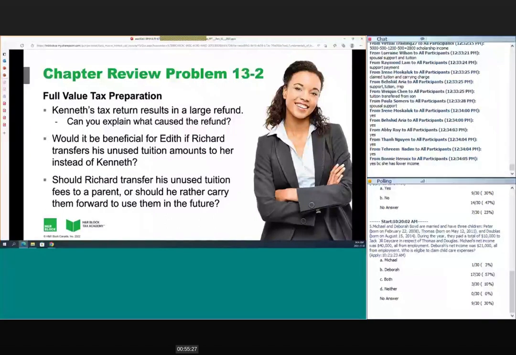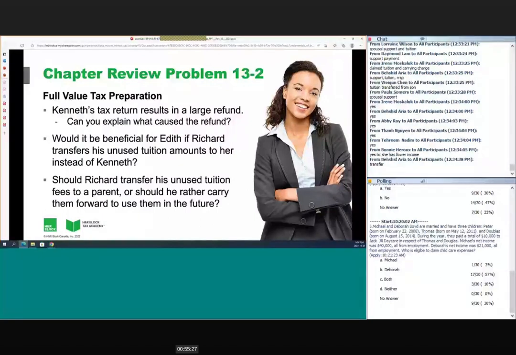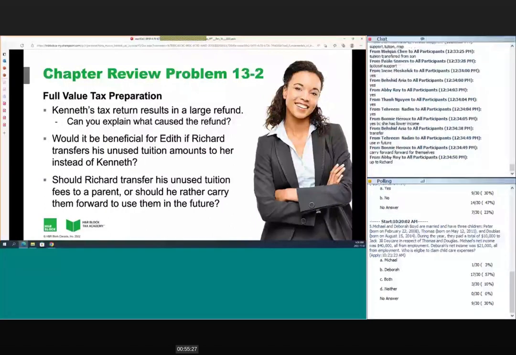All right. Should Richard transfer his unused tuition fees to a parent, or should he rather carry them forward to use in the future? We did have this question earlier, but what would you say to Richard? Because students ask you this. They ask you, what should I do with it? So it really does depend on the relationship within your family.